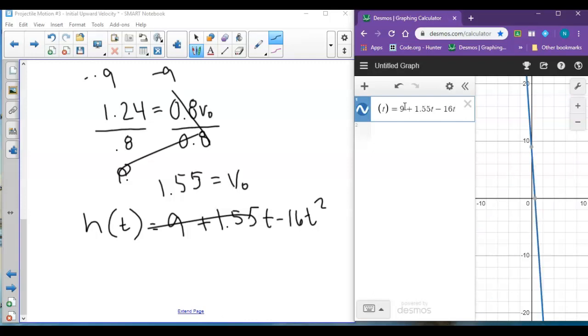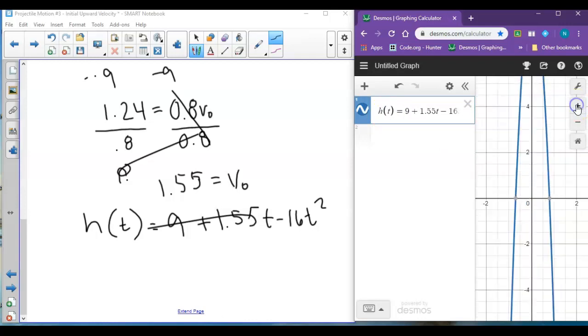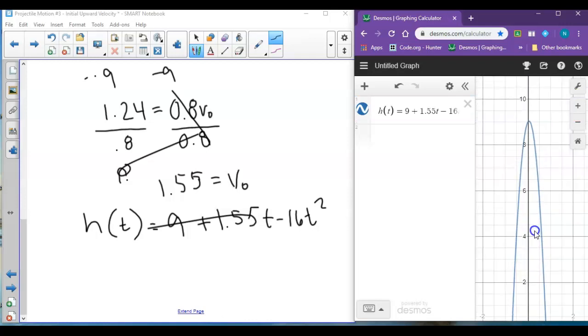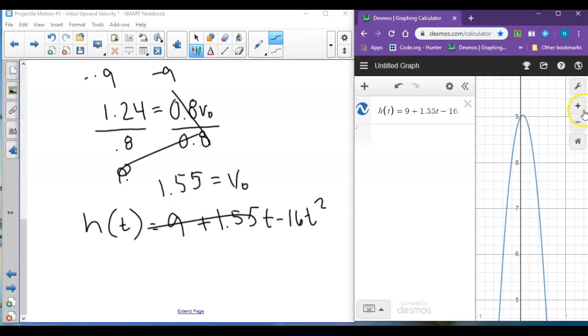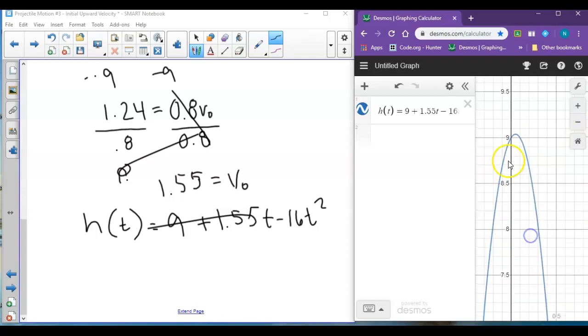like we were doing on some of the other problems that asked for maximum height, I can look at Desmos here and I will see right there that, let's see, do I have this typed in right? Let's see, I'm going to have to zoom in a little bit. Oh yeah. This is probably not the best problem I've ever made, because if you zoom in right here, you can see right there, it was looking like it was 0.9, but it's actually this point right here. It's 9.038.